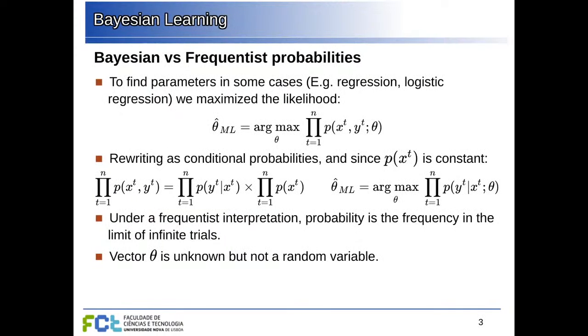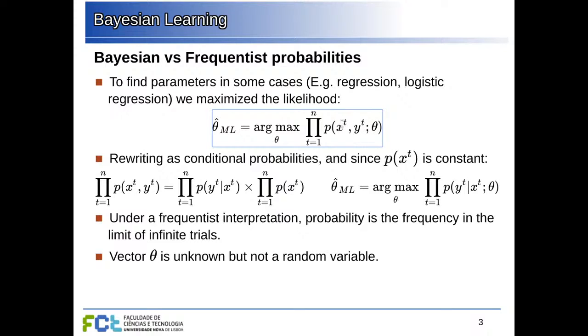We saw that to find the parameters for our models, we maximize the likelihood. That is, the likelihood of the parameters is the probability of having that data with those class labels given that we have the parameters. So we have some parameters here.